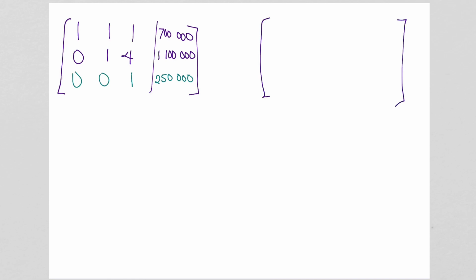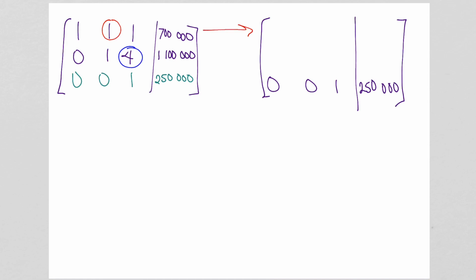So to get it into reduced row echelon form, we need a 0 here, and we need a 0 there. We'll need one there too, but next step. So bottom row is done. So first row, how are we going to turn a 1 into a -1?